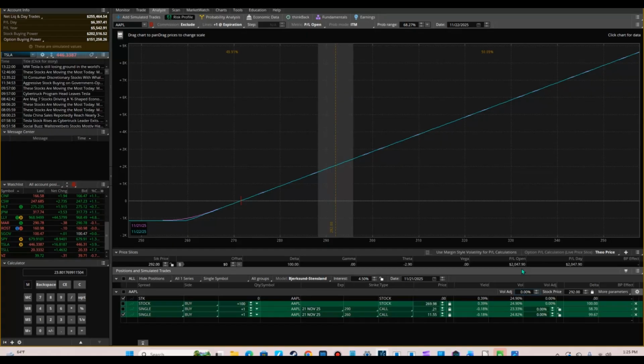There's some impact, but not much of anything to consider at all. Okay, so our in-the-money option gives us just about as much profit, pretty close to the same amount of profit that you would get by actually owning 100 shares of stock.